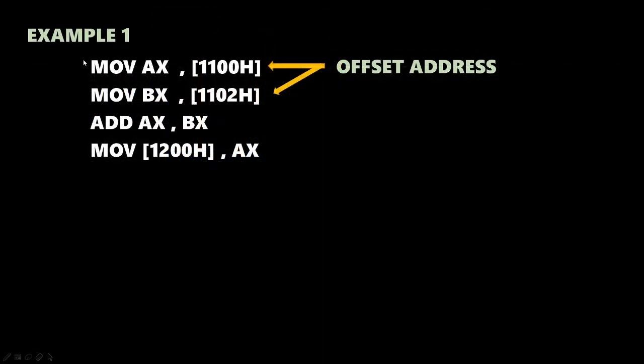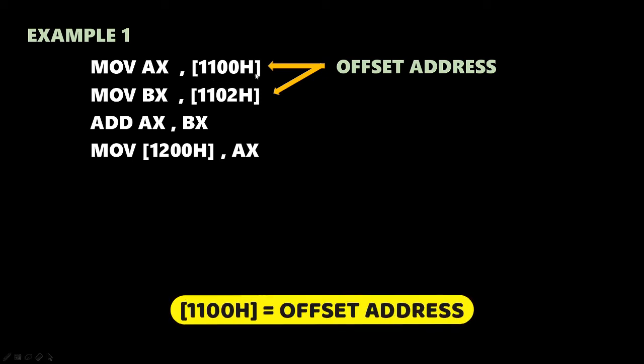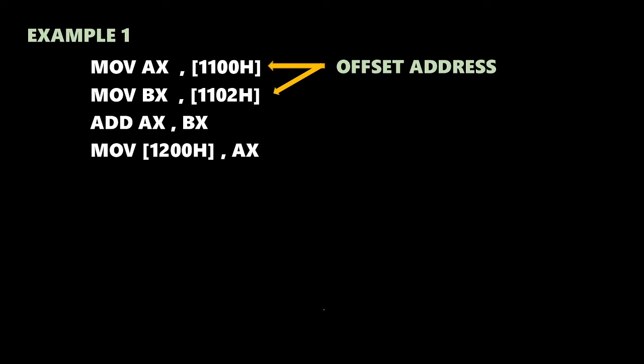Now suppose we have these instructions. If you have seen my last video, I have discussed this type of instruction. This is called direct addressing mode, in which we give the offset address of a particular location in our memory directly in our instruction. So this 1100H is an offset address, and this is our instruction.